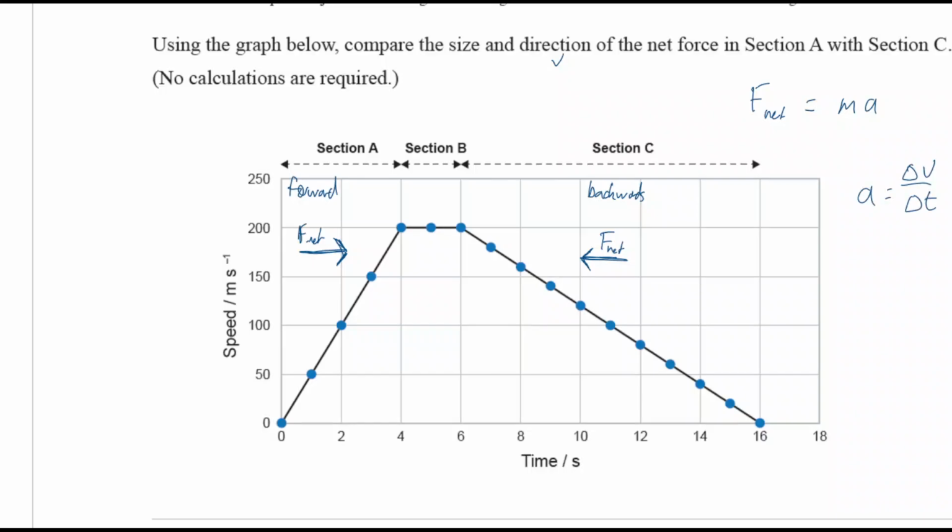Change in speed over change in time. So steeper gradient. So we'd say the acceleration is greater, which means the net force is also greater. The size of the net force in section A is greater than in section C, because the acceleration is greater, because the speed time graph shows us that gradient.